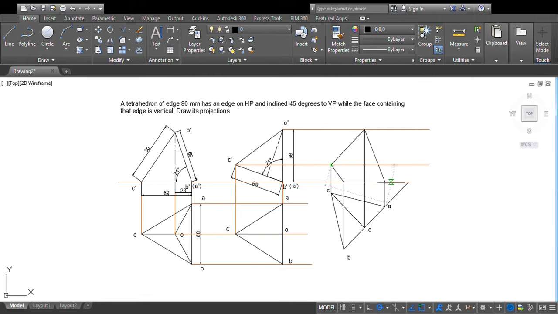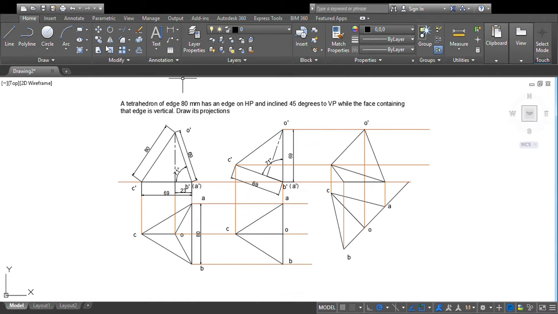So I'll just name it. This is the final view. These are projection lines, those lines are thin lines, so I'll use dotted lines, I mean thin lines to represent those lines. So this is the final view of this diagram. Now I'll just name it. This is O2 dash.